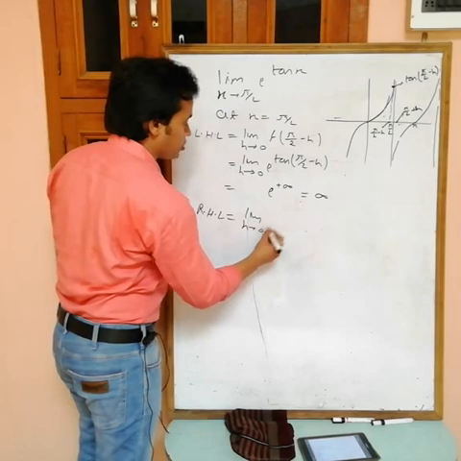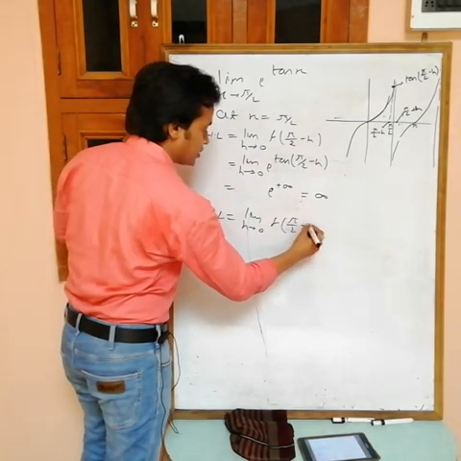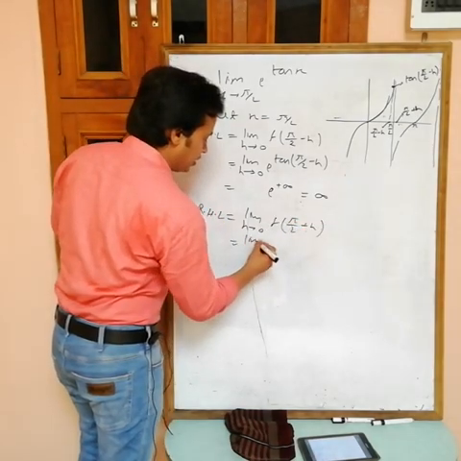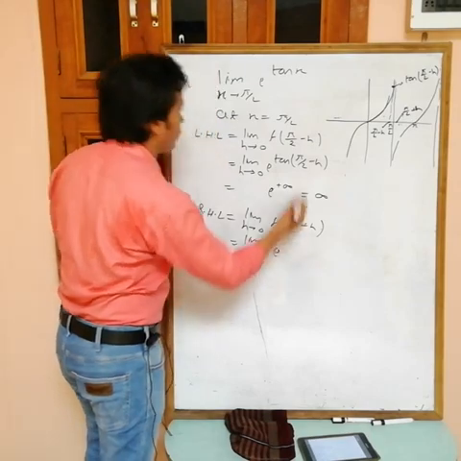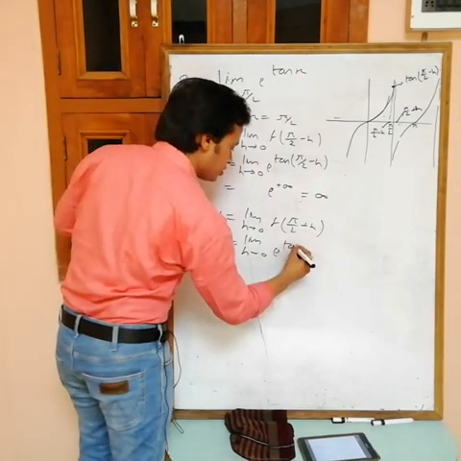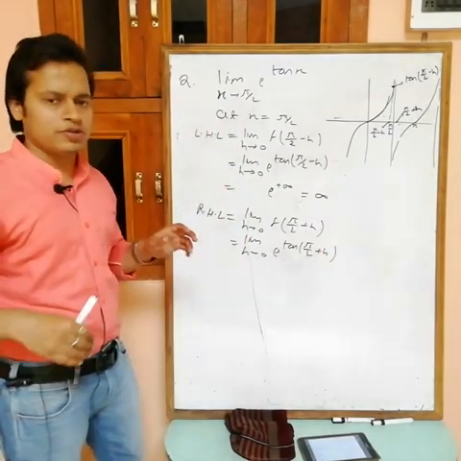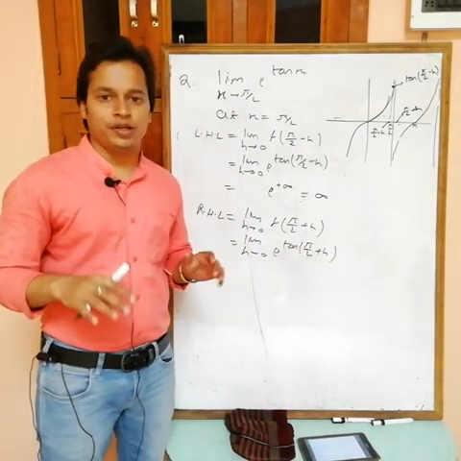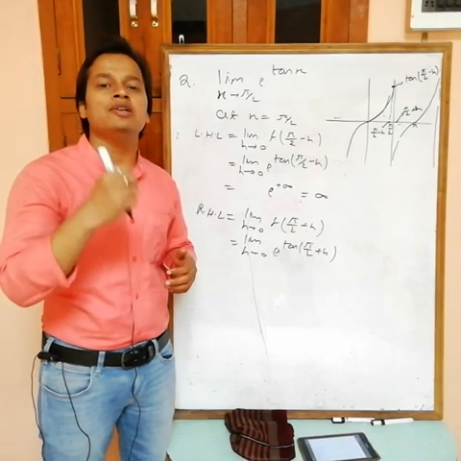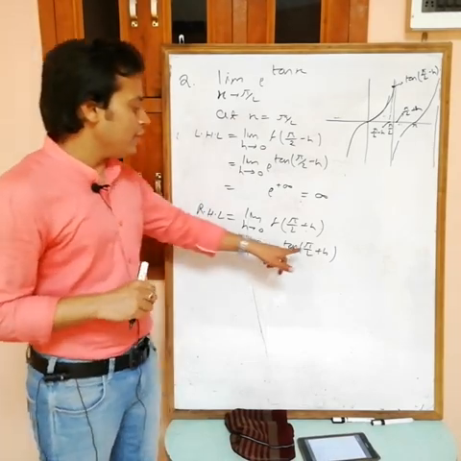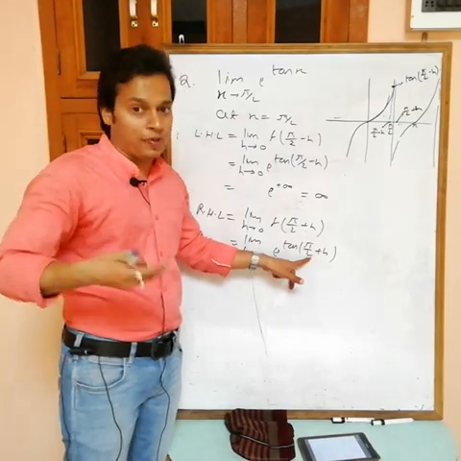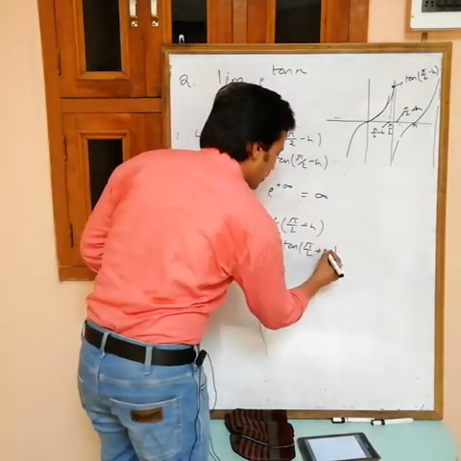RHL is limit h tending to 0, f of pi by 2 plus h. Then limit h tending to 0, e power, replace x with pi by 2 plus h, tan of pi by 2 plus h. Again, if you put h equals to 0, tan pi by 2 is infinity, but we have two types of infinity now, either plus infinity or minus infinity. Now x is just greater than pi by 2.